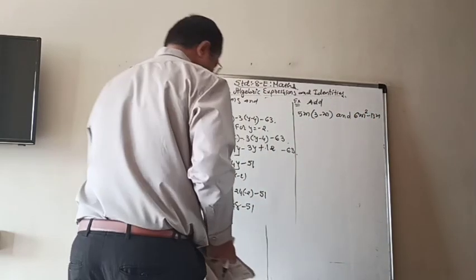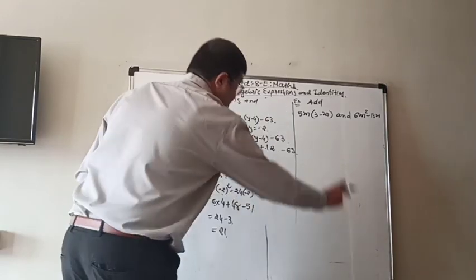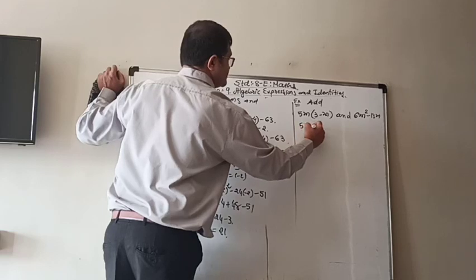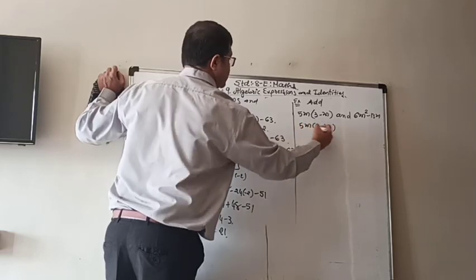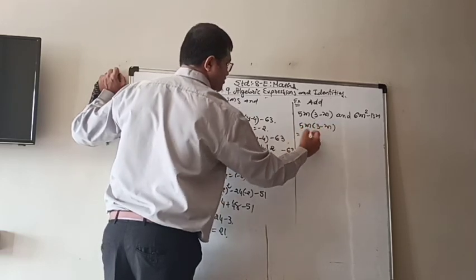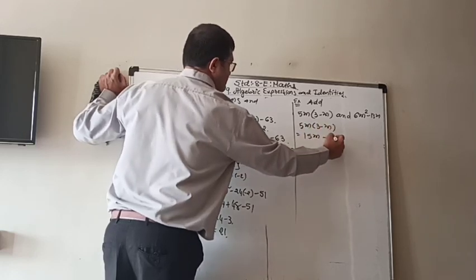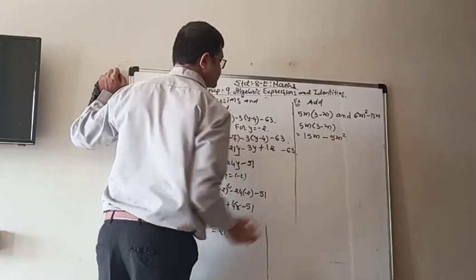Now here, first of all, we have to simplify this one. So 5m into (3 - m). You know that 5 3s are 15m, minus 5m into m means 5m square.